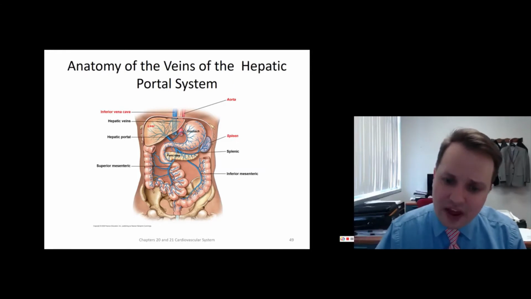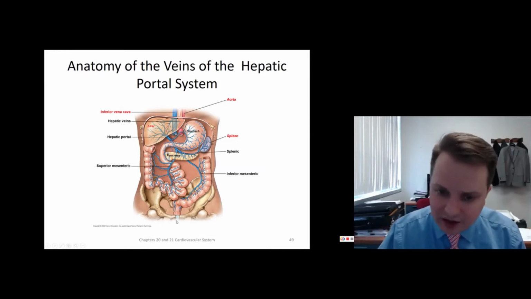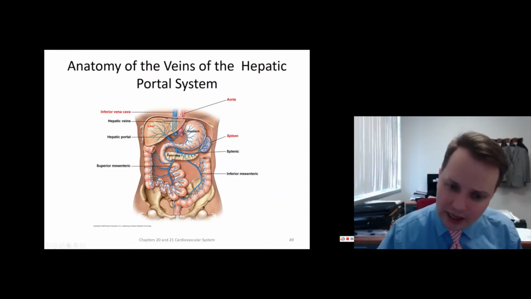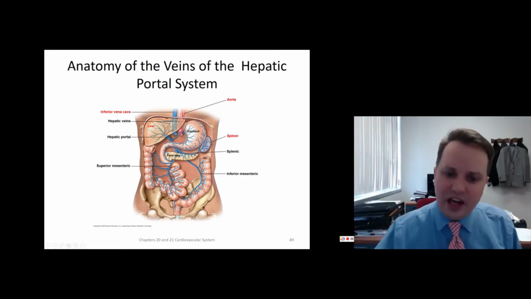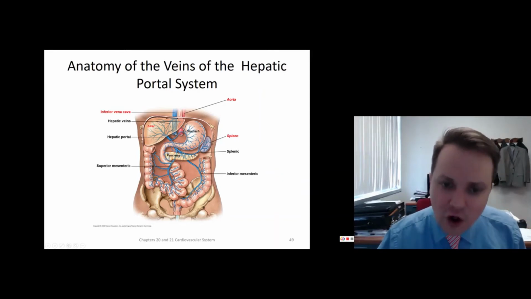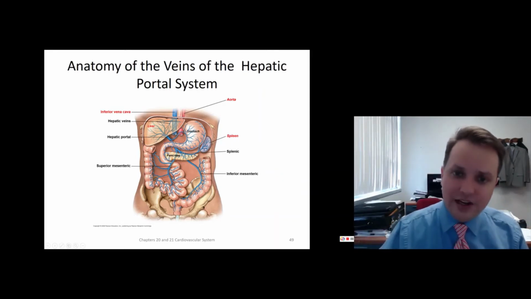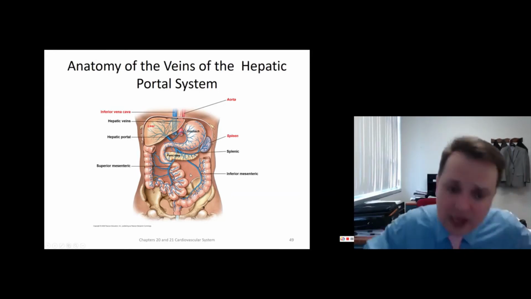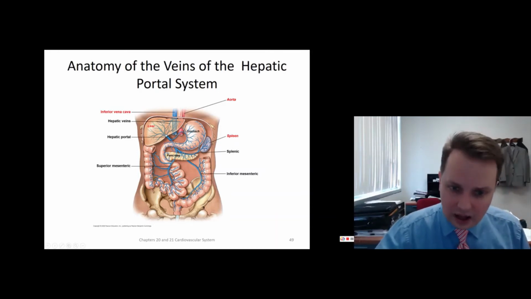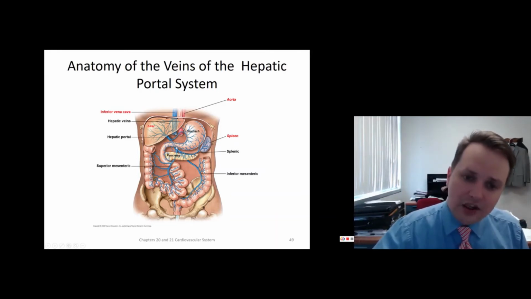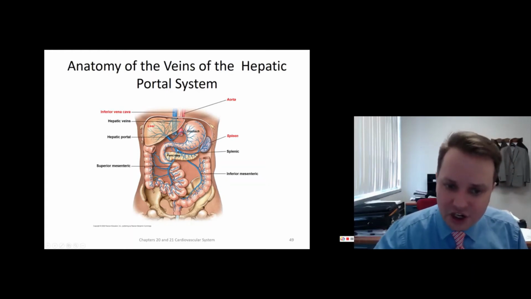Now, a few things I do want to mention here clinically, especially two veins of the hepatic portal system. One is the inferior mesenteric vein. A lot of times if you have increased intra-abdominal pressure, like through pregnancy, or let's say somebody is a long-haul trucker and they sit with their abdomen bent a lot, with a lot of pressure, you get what is called hepatic portal hypertension, portal caval hypertension.